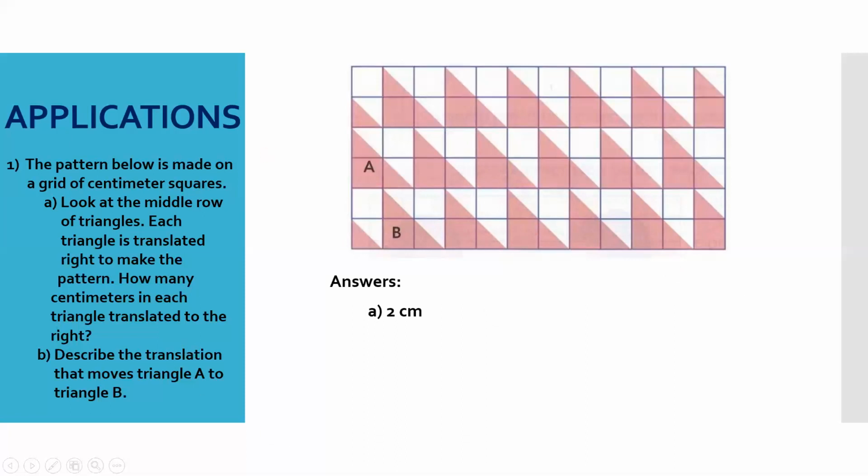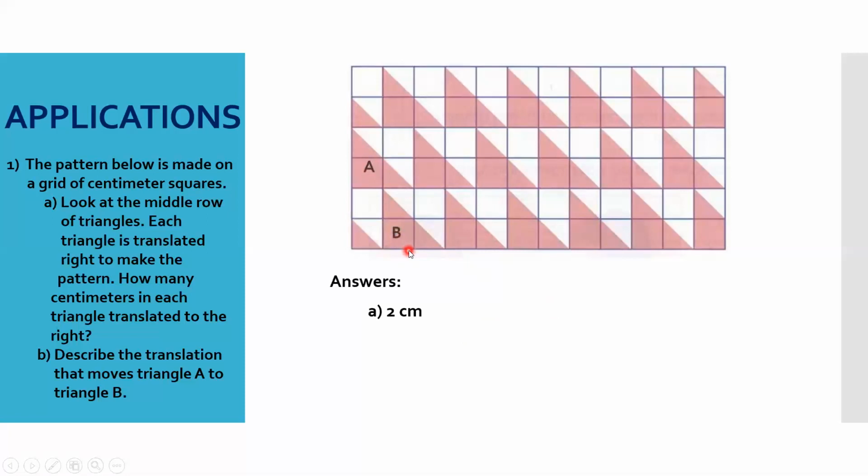Now coming to the B part, describe the translation that moves triangle A to triangle B. See, this is triangle A and this is triangle B. Now what we need to find out is, describe the translation that moves triangle A to triangle B. Which means triangle A is this one and triangle B is this one.